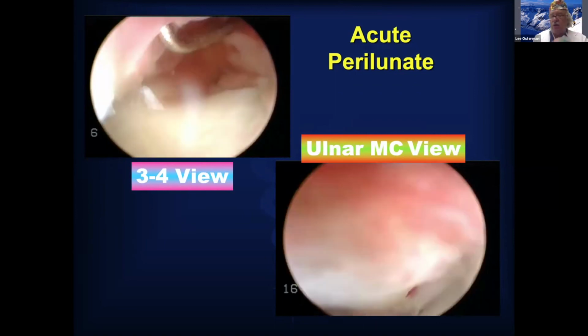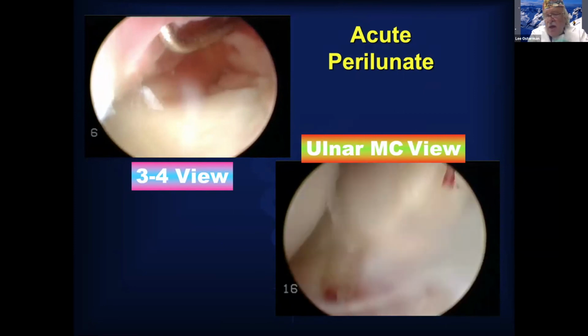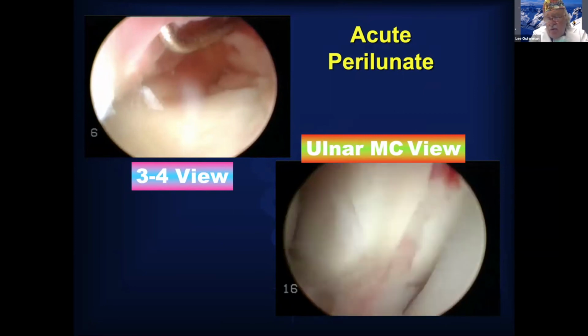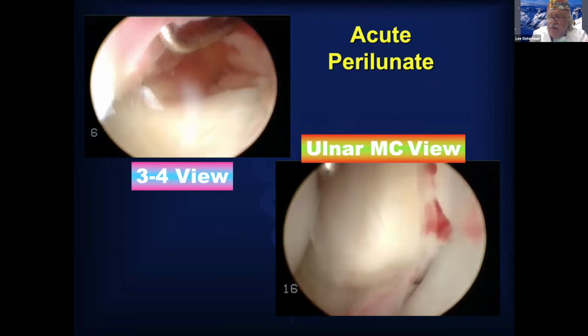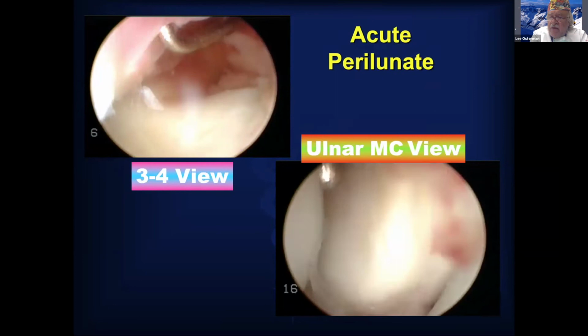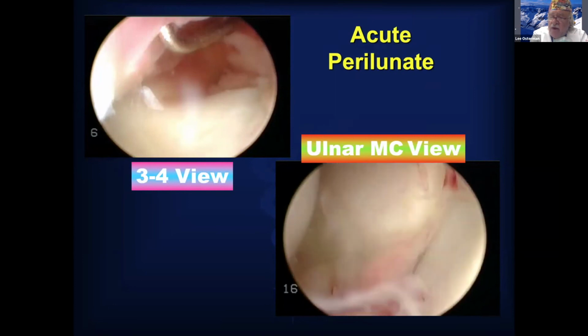As we look in the midcarpal joint, looking from the radial midcarpal, the articular surfaces are good. Sometimes you'll see some condyle injuries, but it's easily reducible, as you can see here, with pressure and lining it up from the midcarpal joint.